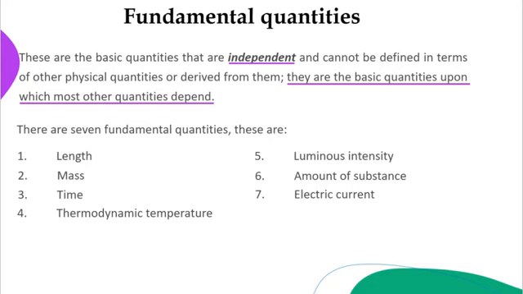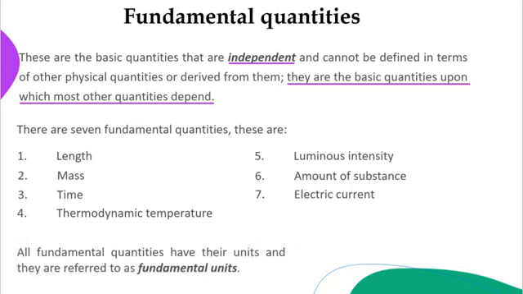They are referred to as fundamental because you don't derive these quantities. They exist as the basic foundation to several other quantities. Another thing to note is that all fundamental quantities have their units and they are referred to as fundamental units. In the previous slide, I mentioned that some physical quantities don't have units.